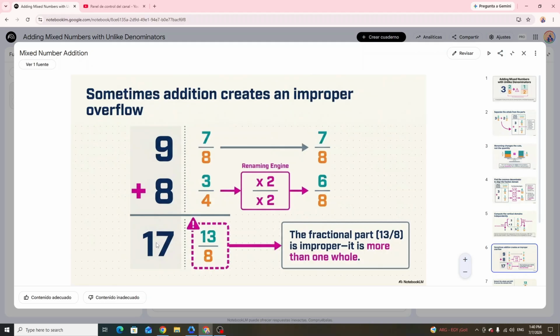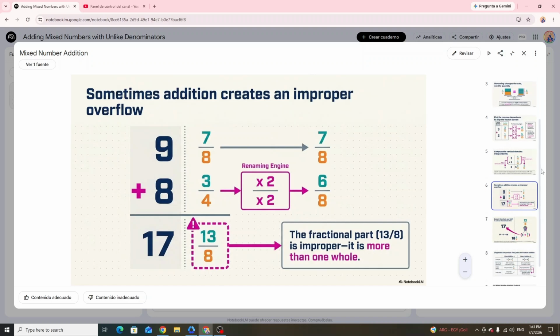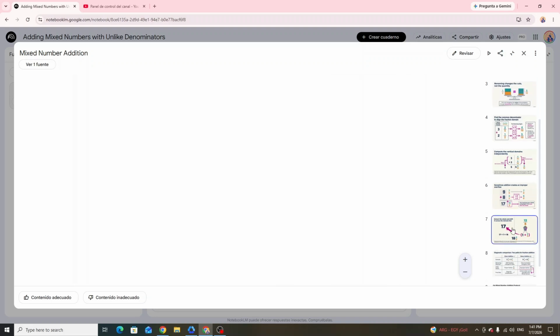So far we have 17 as the whole number, and the fraction is 13/8, but we cannot leave it like that because it's improper. We have to make that fraction a proper fraction. Okay, how do I convert that? Let's go to the next slide.